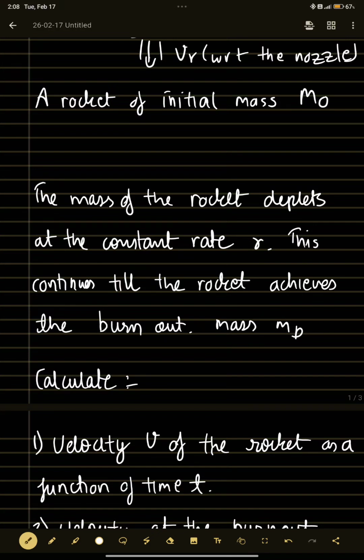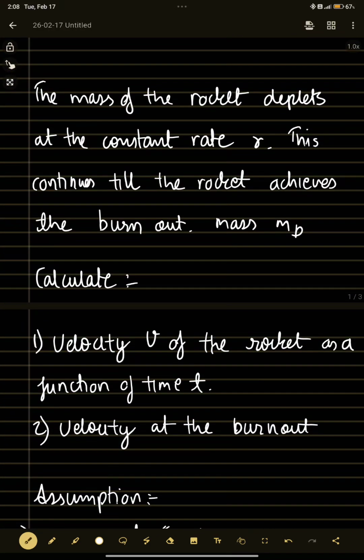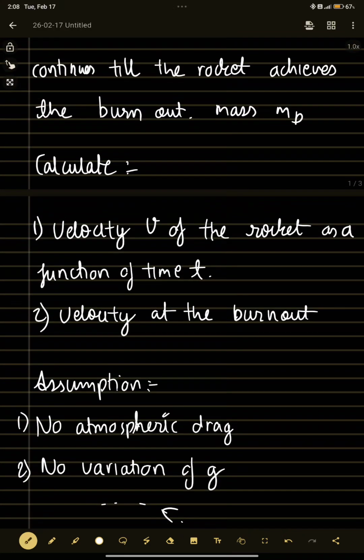No further depletion occurs, combustion stops at burnout. So first, during this period you have to get the velocity v of the rocket as a function of time, and at the burnout what will be the velocity. So burnout velocity will determine the trajectory, right, from your understanding of the central force.